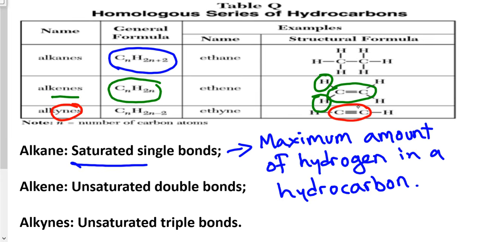Clearly, you cannot have the maximum amount of hydrogen that we usually have in an alkane. And therefore, alkyne is also unsaturated. And the general formula is CnH2n-2, meaning the amount of hydrogen is 2 less than double the amount of carbon.